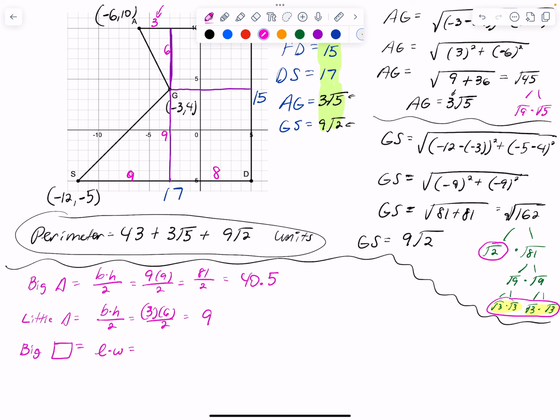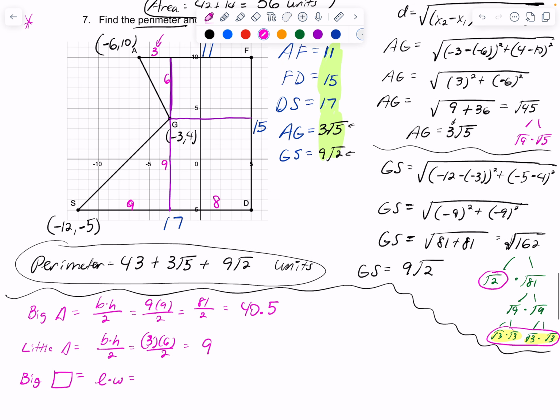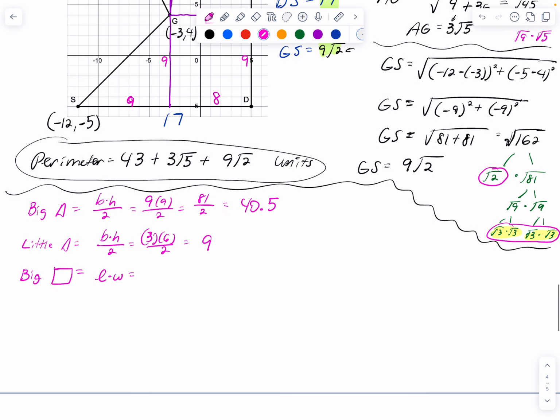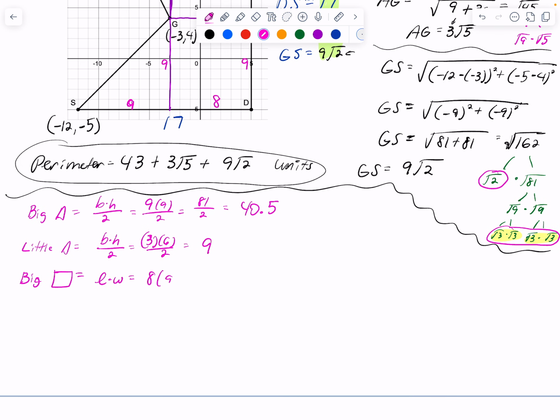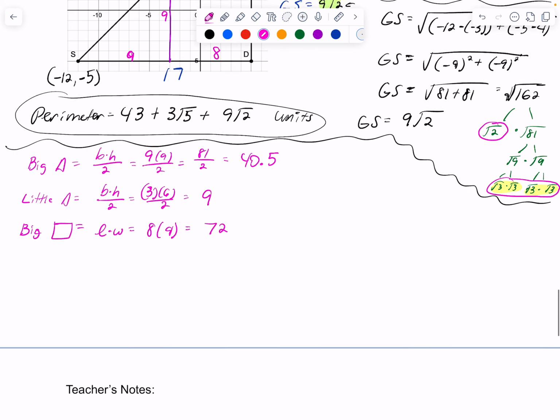Or you could say you already used 9 for part of SD, so the other part of SD has to be 8 to add up to 17. This up here is going to be the same width as my height that I used on the big triangle, so that's also 9. Count to confirm if you want. So 9 times 8 is what I'm doing for the area of the big rectangle. That's 72 square units.